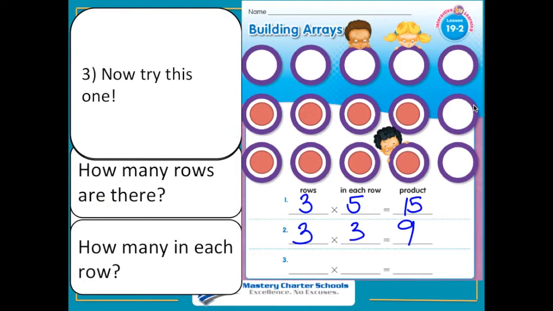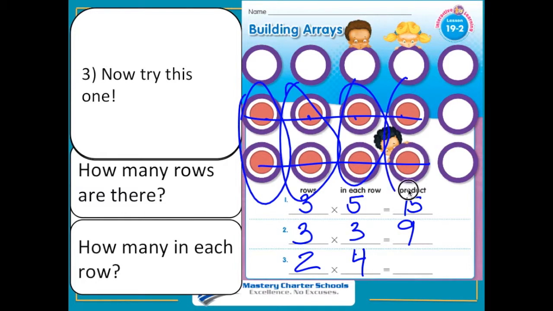Go ahead, put them out there, give it a try. All right, so you should have that you've got 2 rows, 2 times 4 in each row. What does it give you? 2, 4, 6, and it gives you 8.